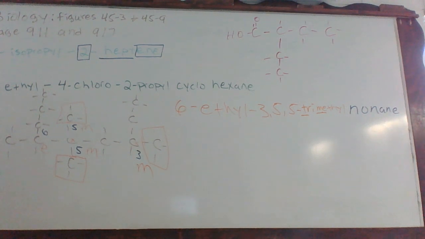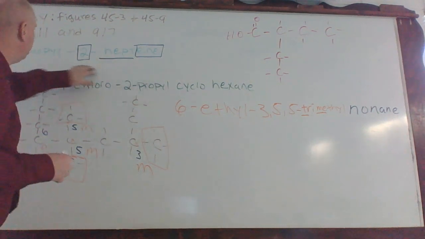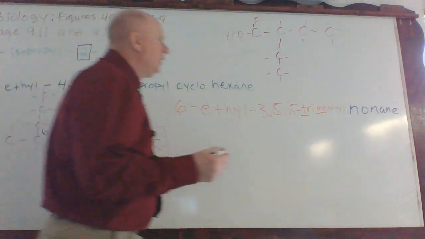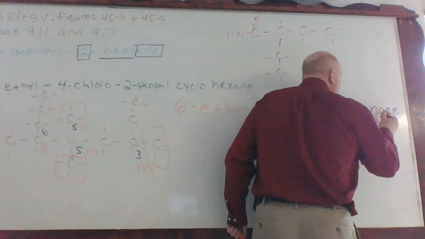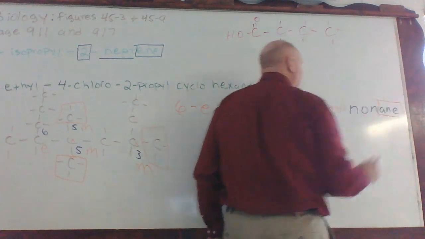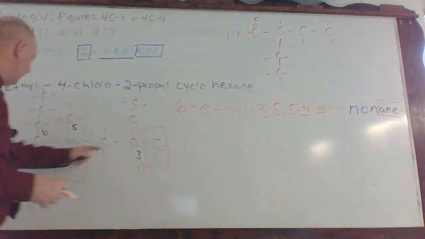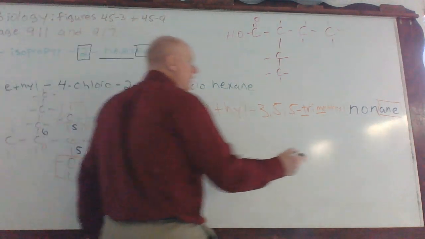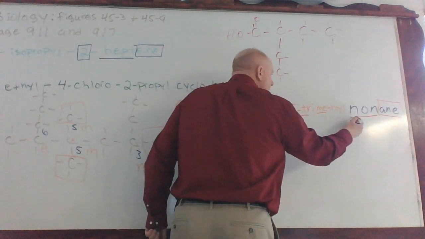So remember, when you're looking at these, you can always go backwards, because if you have the word, it's so much easier writing the structure out. Well, this tells you your organic family again. That is an alkane. So all the carbons are single bonded in there, and they are. This tells you how many that you have, okay?